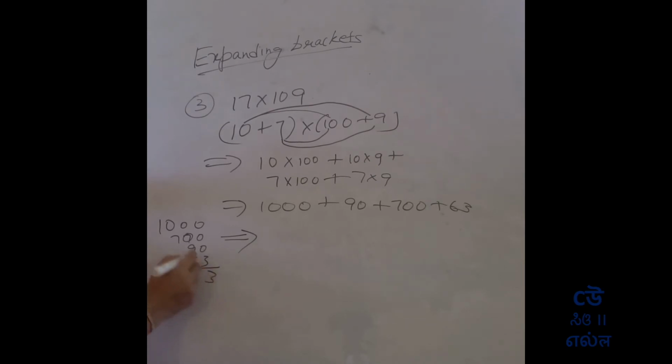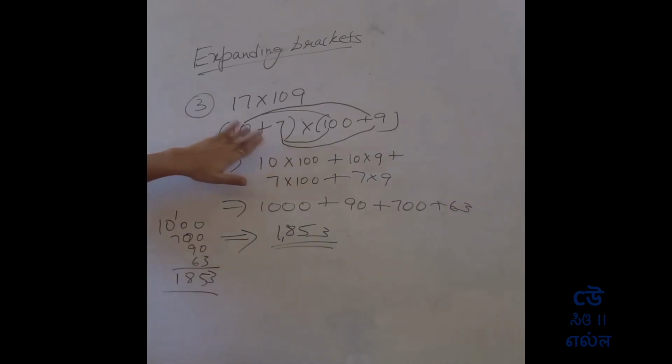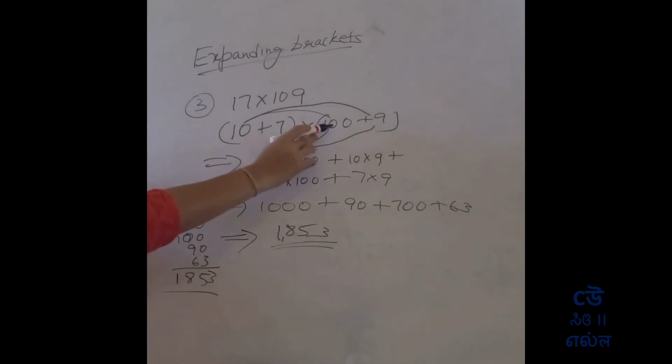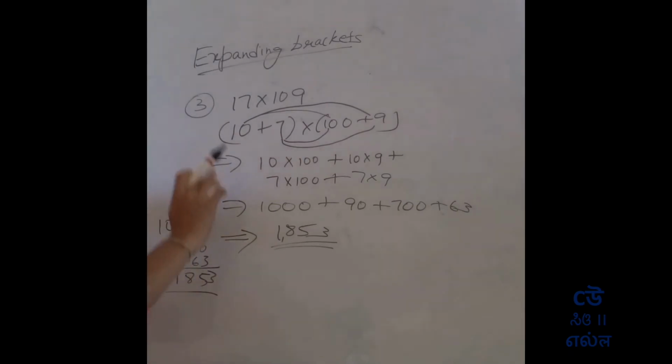What is the answer? We got the answer 1853. Understood this, children? Remember this sign: one number with another number, one number with one more number. If you do that, you will get the answer easily.